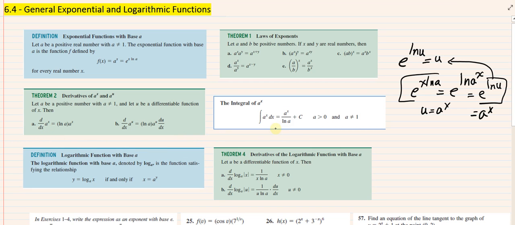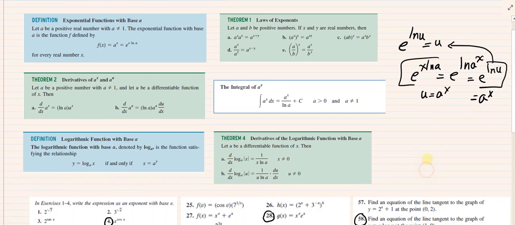And remember, it's important: the natural log of a is in the denominator of the integral, and the natural log of a appears in front as a factor in the case of differentiation.